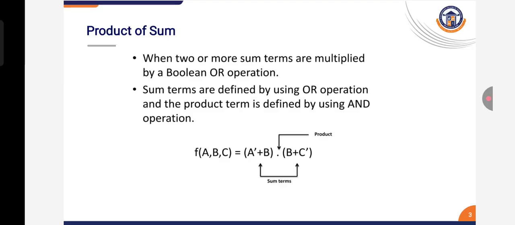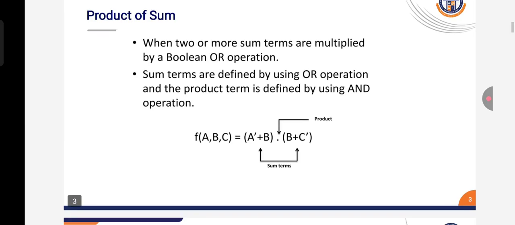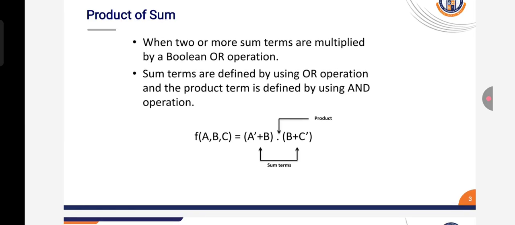Here the sum terms are a' + b and b + c'. The sum term is either a literal or a sum of literals. Each term contains one or more literals appearing in either complemented form or uncomplemented form.